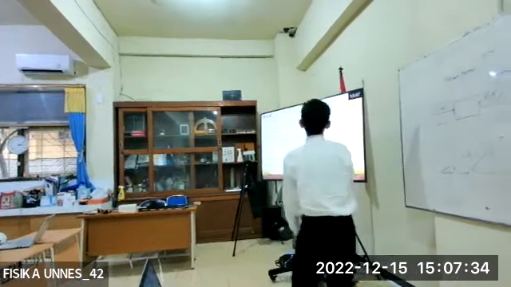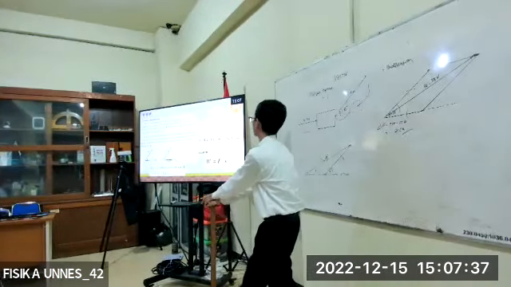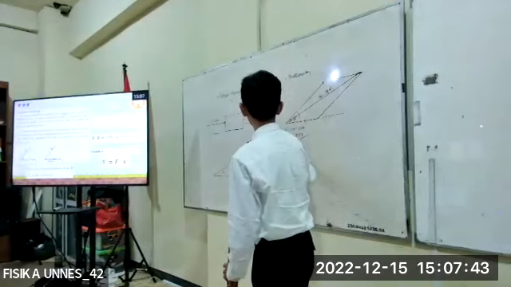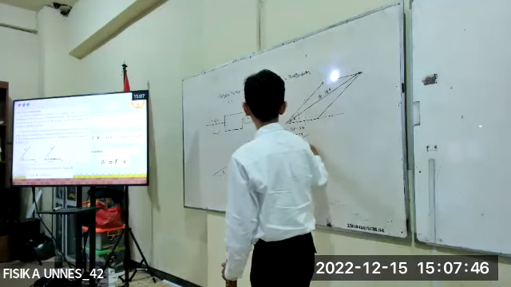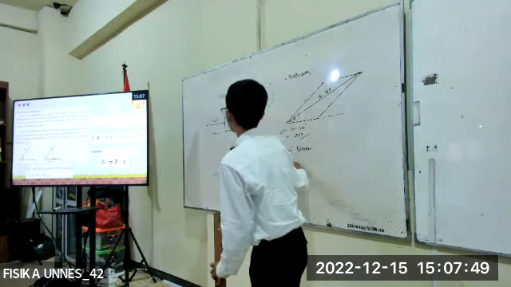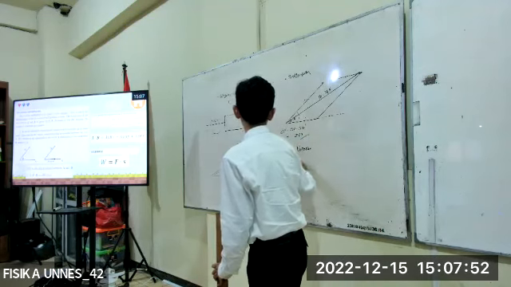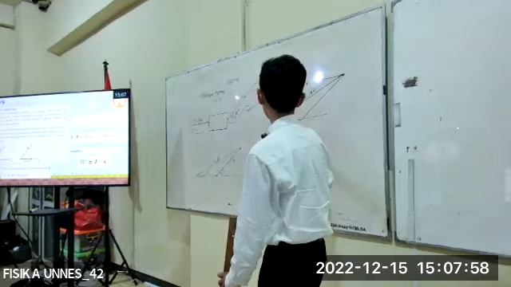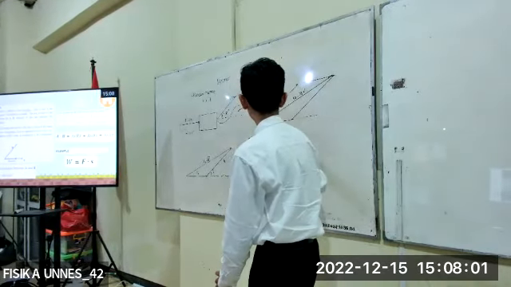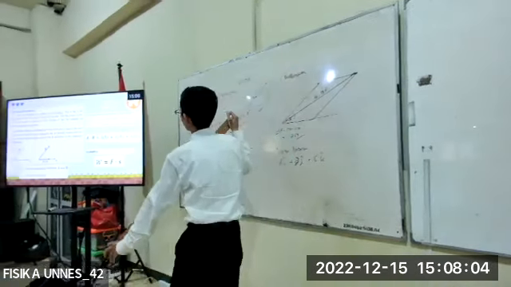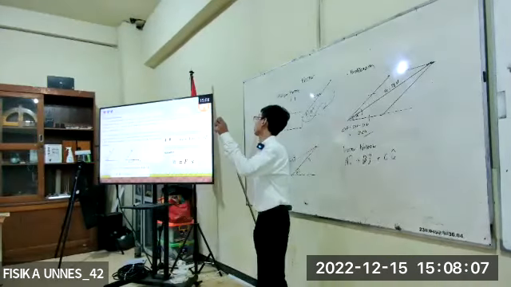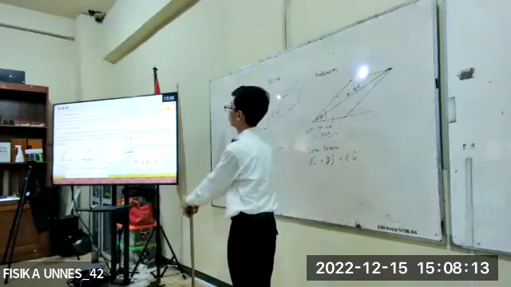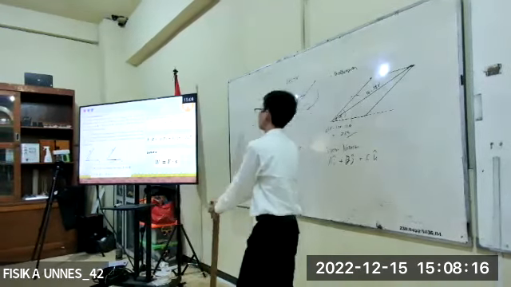And if you operate this dot product in vector notation, as we know, the vector notation is I, J, and also K. If I, J, and K are dotted with the same vector notation, it will equal 1.